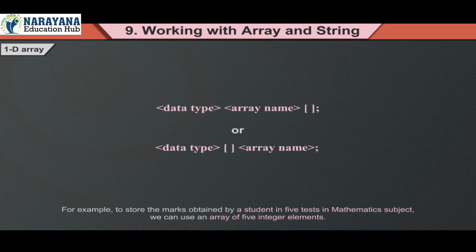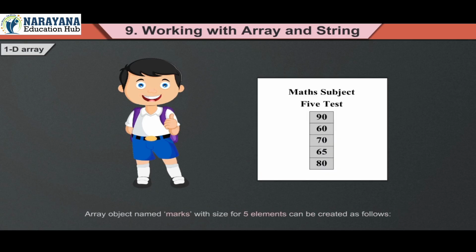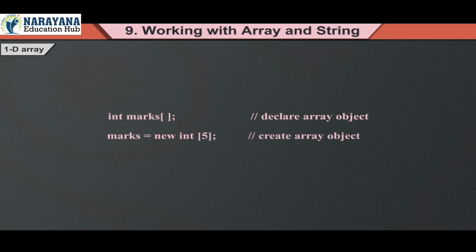For example, to store the marks obtained by a student in 5 tests in the mathematics subject, we can use an array of 5 integer elements. An array object named marks with size for 5 elements can be created as follows. int marks[]; // declare array object marks = new int[5]; // create array object.